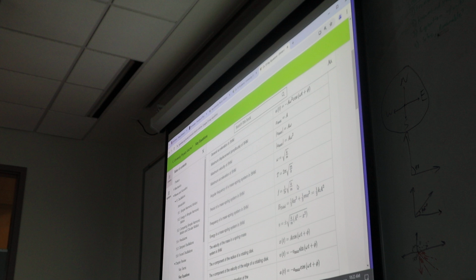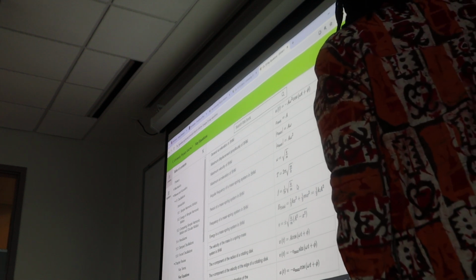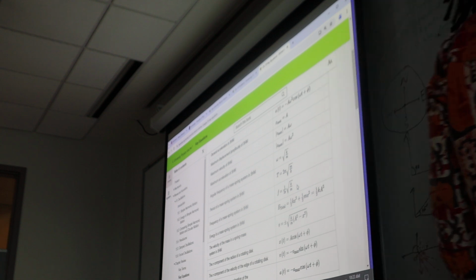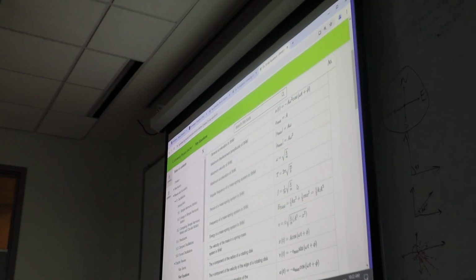So the m over k, and then just doing the inverse. Yeah, so now it's just doing the inverse.